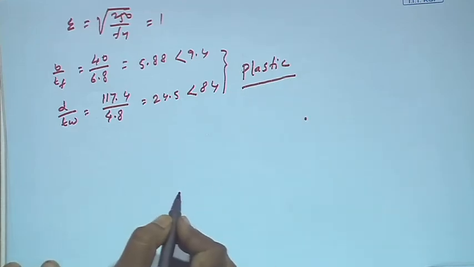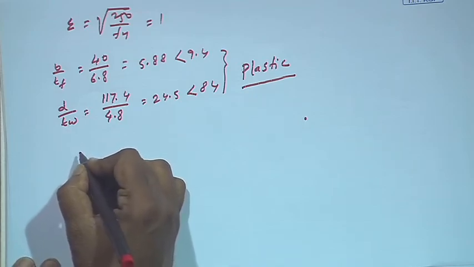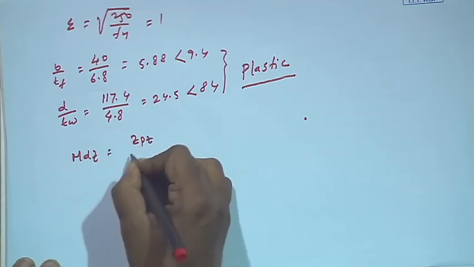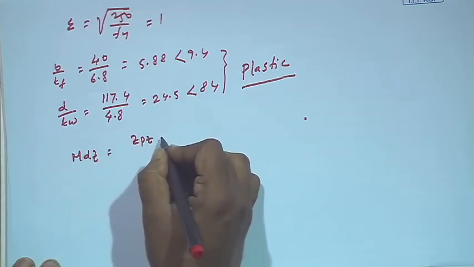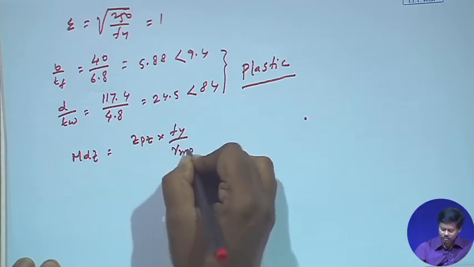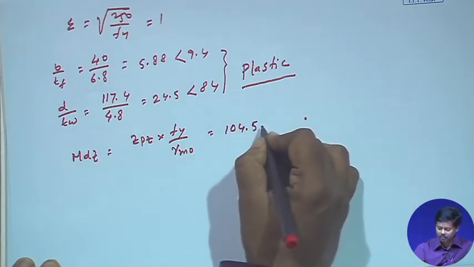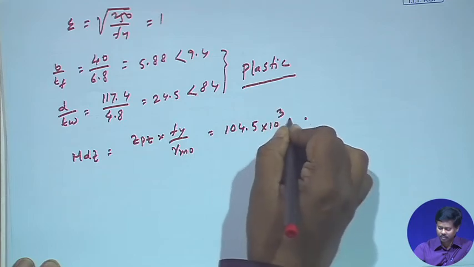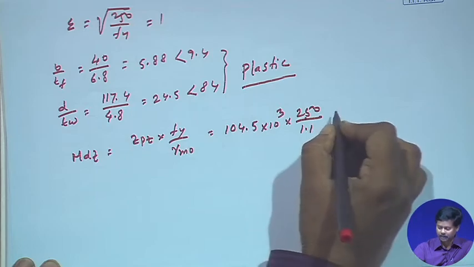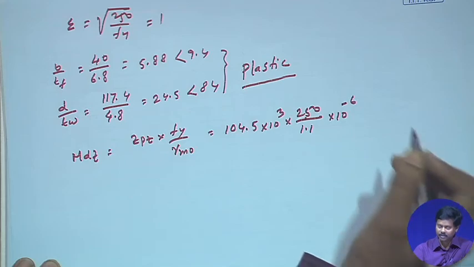Now, we have to check the bending strength. Bending strength we can calculate as Mdz equal to Zpz into fy by gamma m0. The Zpz value was taken as 104.5 into 10 cube, into fy 250 by gamma m0 1.1, and to make it kilonewton meter we multiply by 10 to the minus 6.